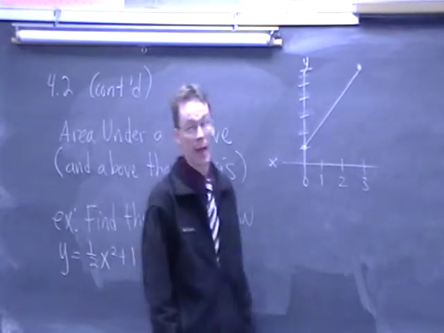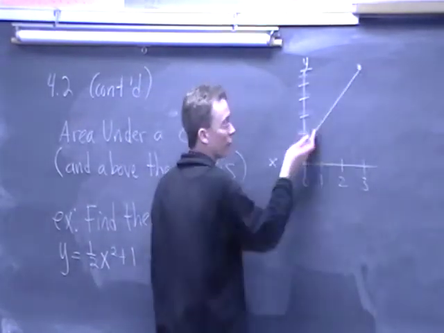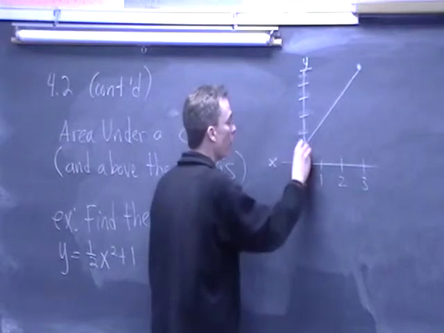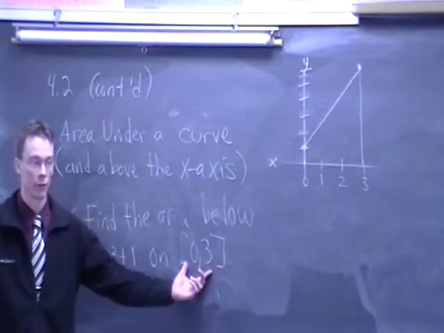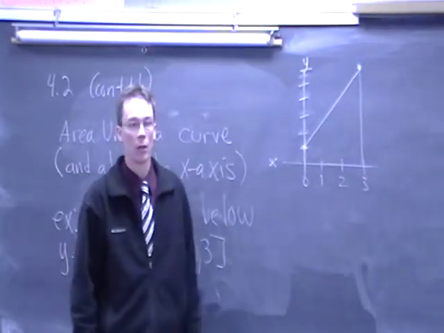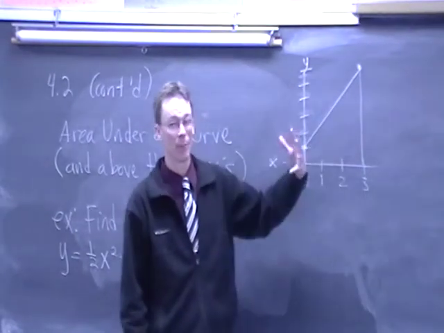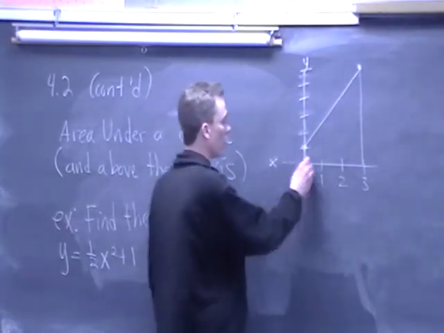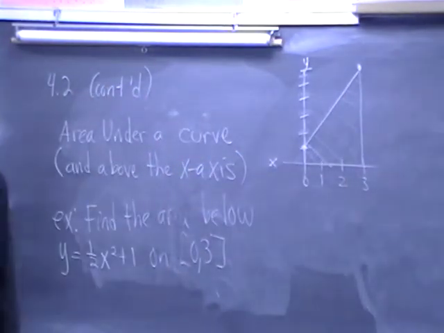So the shape that we're trying to find the area of is the stuff below this line segment, bounded by 0 and 3. On the interval 0 to 3 means where do you slice it on the left and where do you slice it off on the right. And then saying below the graph also means above the x-axis. So this is our shape that we're trying to find the area of.